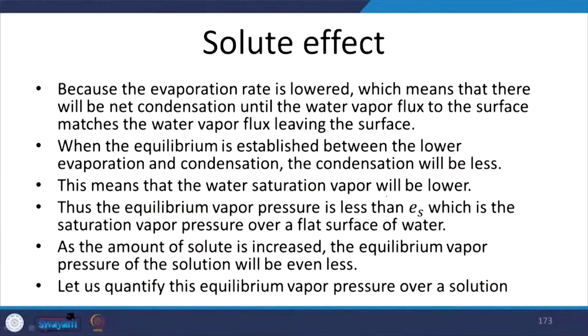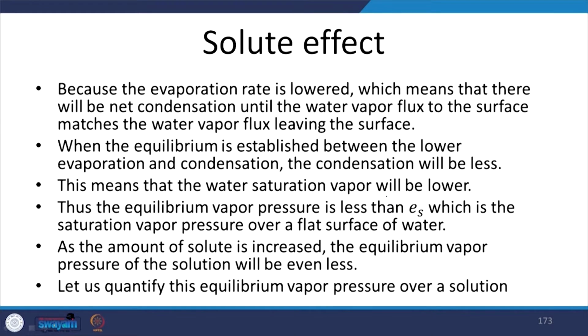This means the saturation vapor pressure will be lower than what it used to be in the presence of only water. Thus the equilibrium vapor pressure is less than the saturation vapor pressure over a pure water surface, the flat surface of water, of course. As the amount of solute is increased, the equilibrium vapor pressure of the solution becomes even lower.